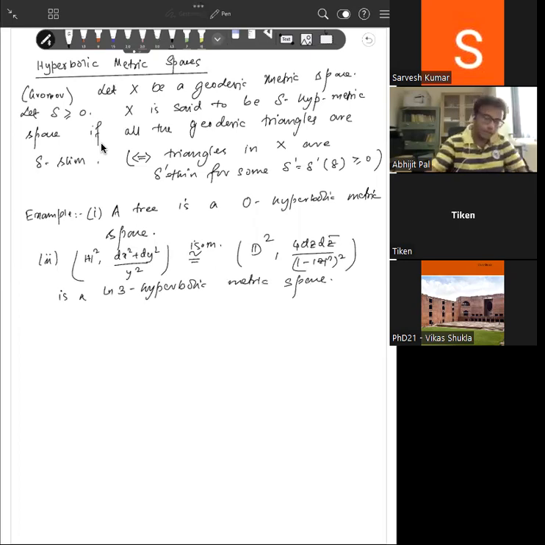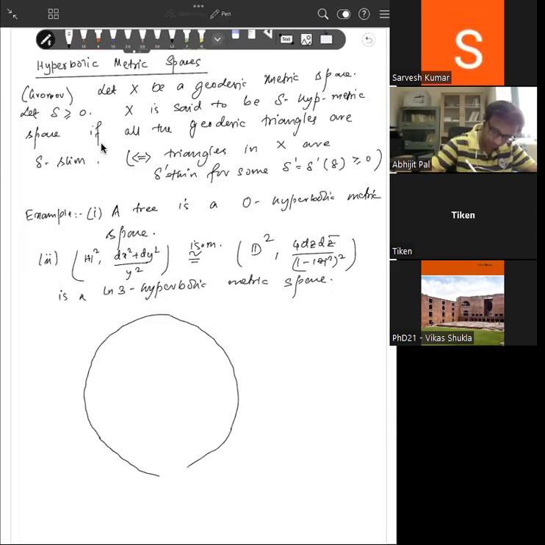Okay, all right. So how are we going to prove this? I'll work with the disk model of this hyperbolic plane. So let us first draw this disk. Yeah, so this is my unit disk.